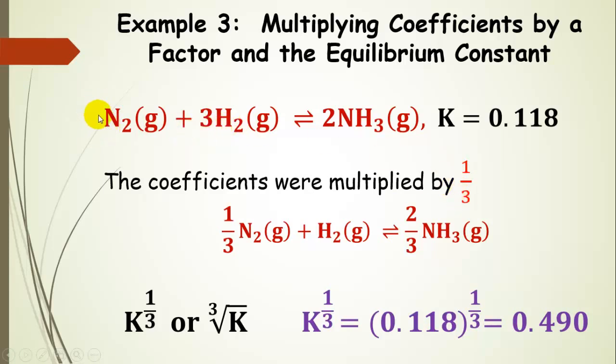You could also look at it as dividing by 3. Each of the coefficients were multiplied by 1/3, and so our new equilibrium constant value is going to be our original equilibrium constant to the 1/3 power. Okay, and then we're going to end up with 0.490 for a new equilibrium constant value after we multiplied each coefficient by 1/3.